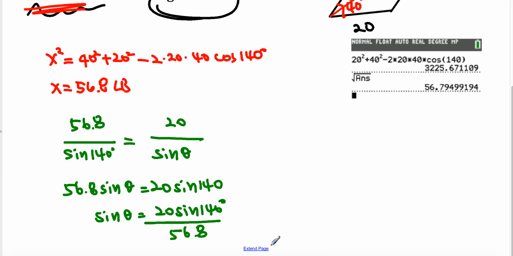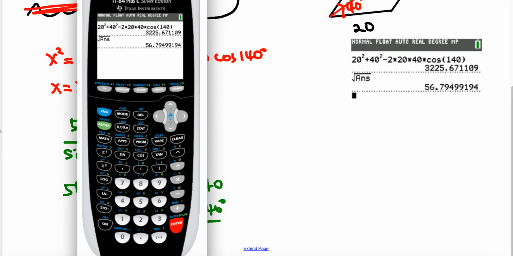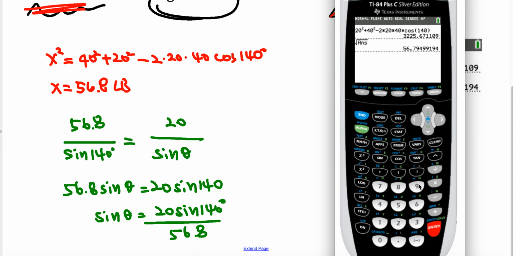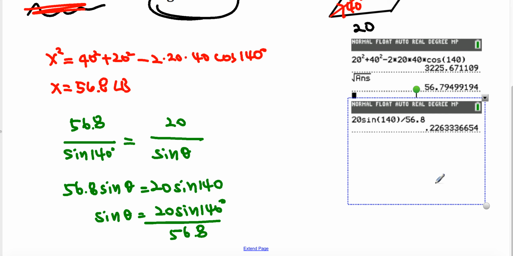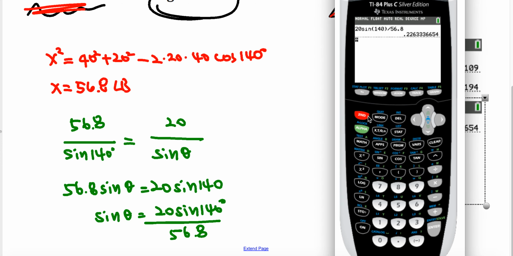So then here we get 20 sine of 140 divided by 56.8. So we get 0.226333, but we're going to take the inverse sine to get the angle theta here.